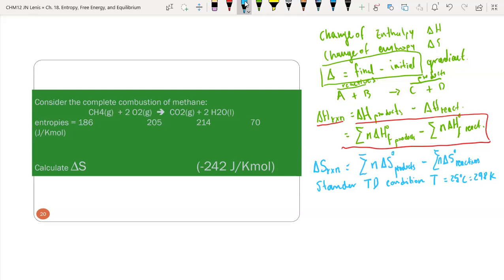For ideal gases, we use a standard temperature of 0 degrees Celsius. And for standard thermodynamic conditions, the temperature is 298 Kelvin. As a general rule, when you are working with energies, you must work with the standard thermodynamic temperature, 298 Kelvin.